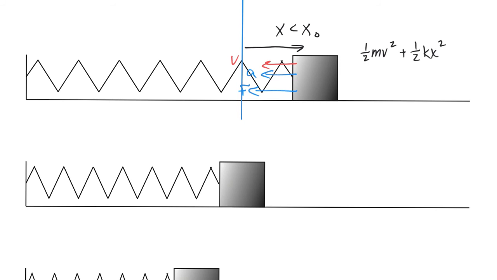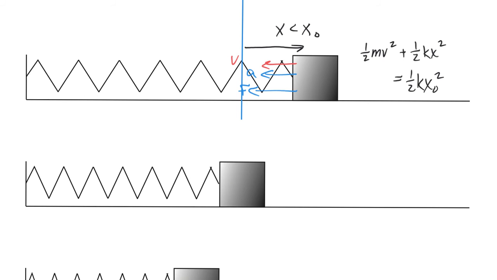Plug them in there, because when you work them out, you will find that the sines and the cosines cancel, because you get a sine squared and a cosine squared, which add up to be 1. You should really try it out and see it work, because it will all work out that this always equals 1/2 k x naught squared. The energy in the system is conserved.